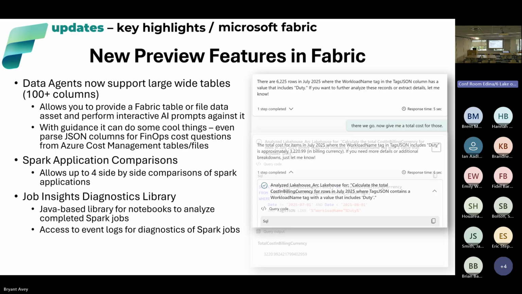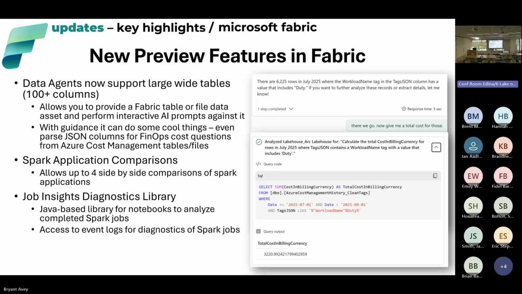It did pretty good. I was asking it to take a particular month, look at the tags in this JSON column and parse those out, find ones that have a certain tag for a certain month, total all the costs, and tell me how much it was. Kind of a common, typical business question. You can drill down into that and it shows you the SQL, and the SQL it generated was actually spot on.